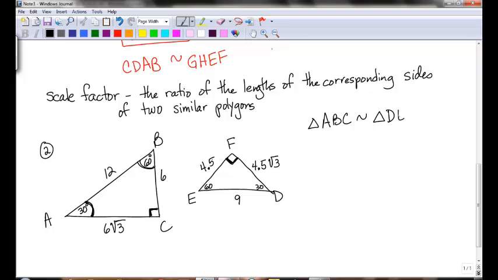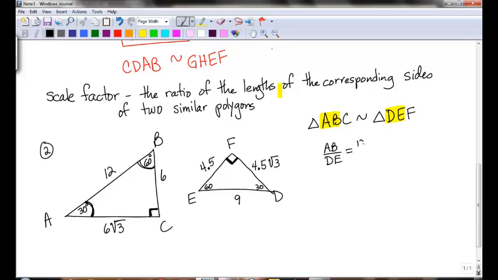E. And then F matches up with C. Now once you have the similarity statement, and I don't know that this is true yet, I need to test it. But once you have that similarity statement, then it should be easy to check. AB to DE, they have to be in order. So if I'm checking AB to DE, check that ratio.